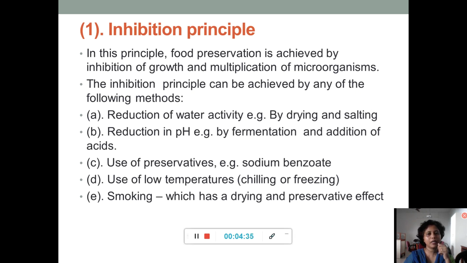When you buy pickles or jams from outside, you can notice that they do not get spoiled very fast even if you keep them outside. But in the case of homemade pickles, if you continuously use a wet spoon or something, they will get spoiled at a much faster rate. That's because when you make things at home, you might not add a preservative into it.